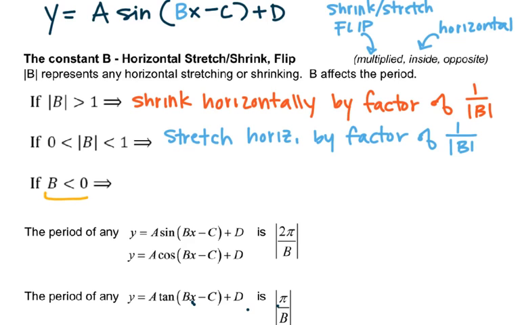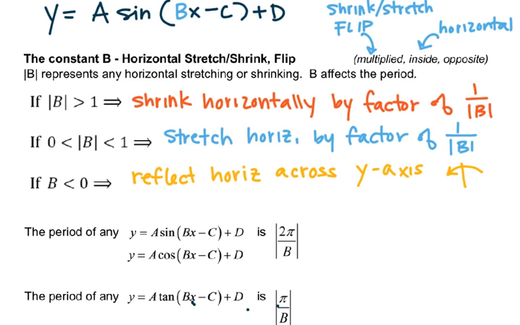Lastly, if b is a negative value, we are going to reflect horizontally across the y-axis. So that means we're going across that vertical axis horizontally.